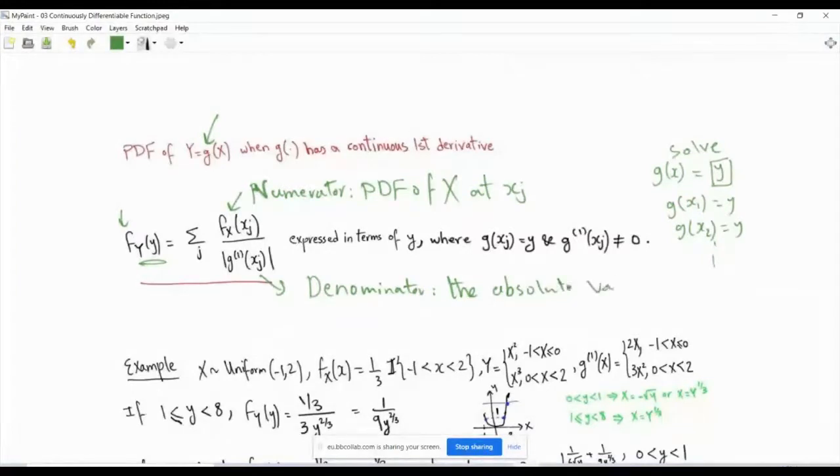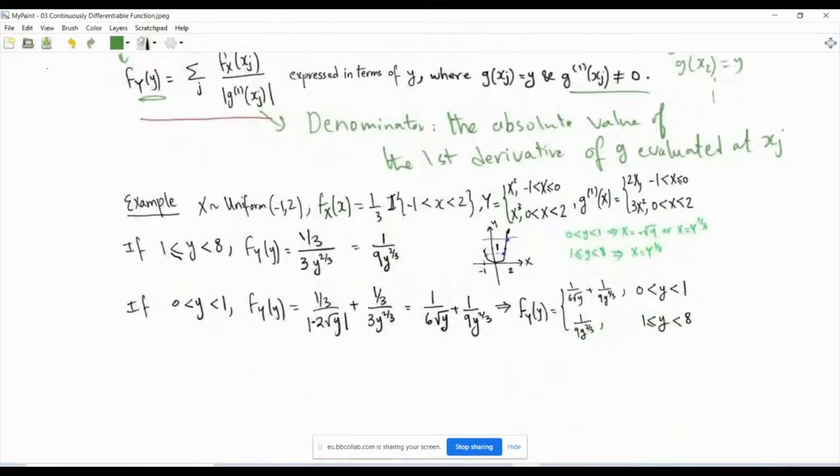The absolute value of the first derivative of g evaluated at xj, and hence it makes sense that we require that this first derivative is not 0, so that we do not divide by 0. Okay, so this is the expression, and it automatically gives you the PDF of y.